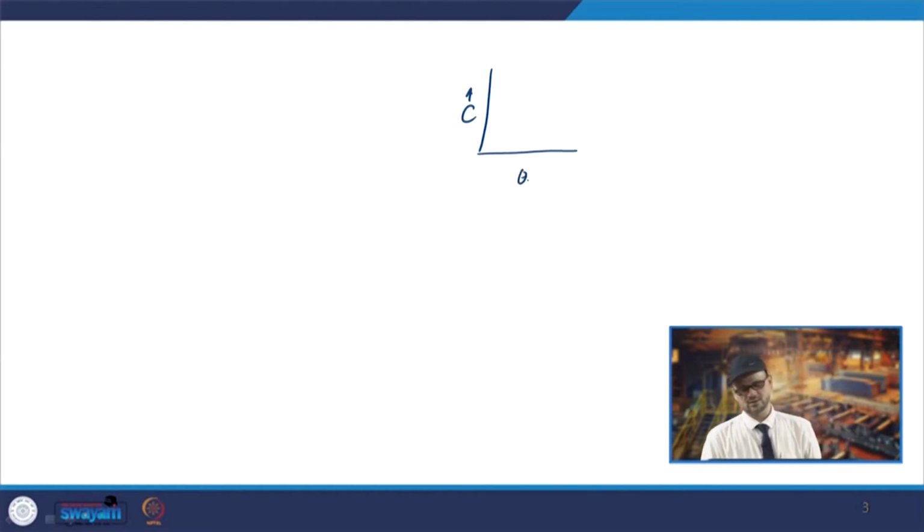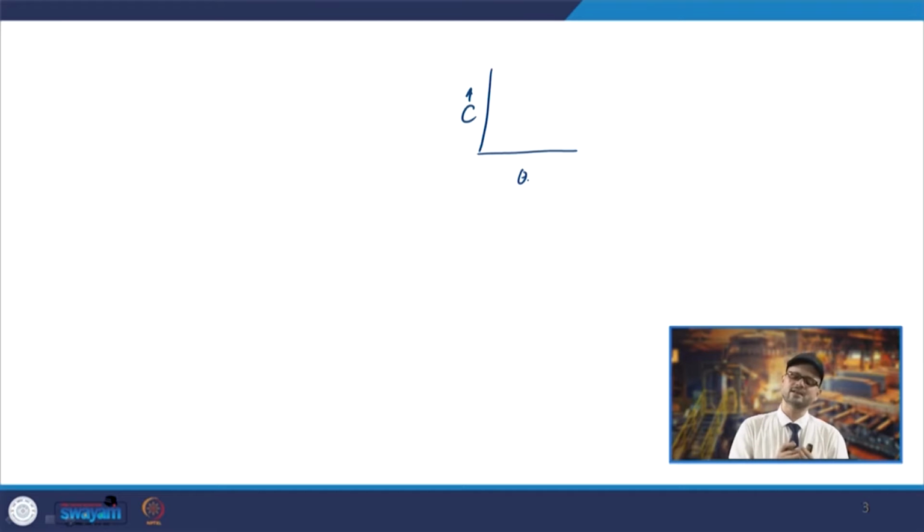We can get an idea about plug flow this way. Suppose this axis is concentration and this is theta.